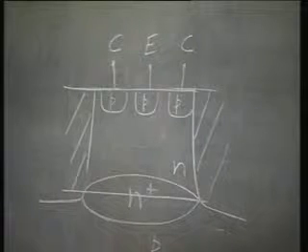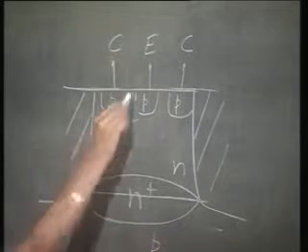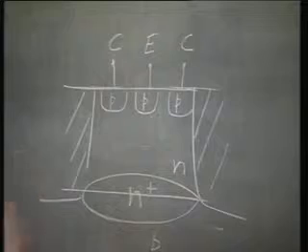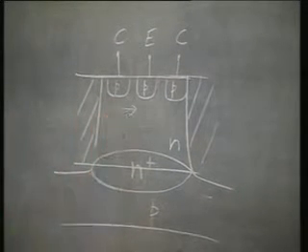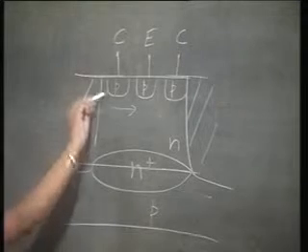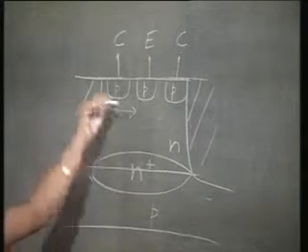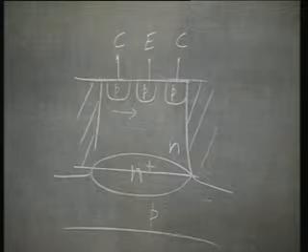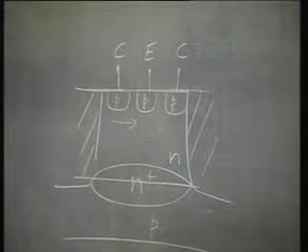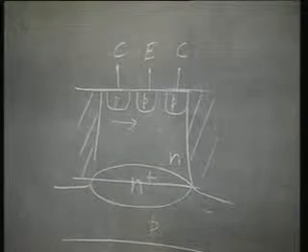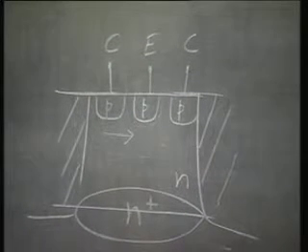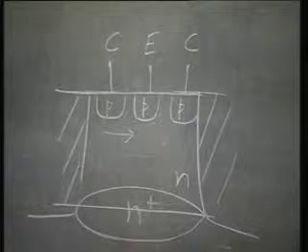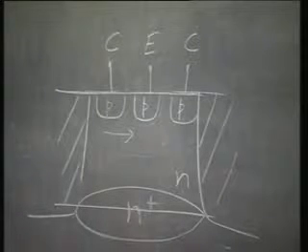In a lateral PNP transistor, I have the emitter surrounded by the collectors and the current flow is, this is P, this is N, this is P, PNP transistor. So, the current flow is no longer in the vertical direction, it is in the lateral direction, and that is why this transistor is called a lateral PNP transistor. Now, look at this transistor very carefully.